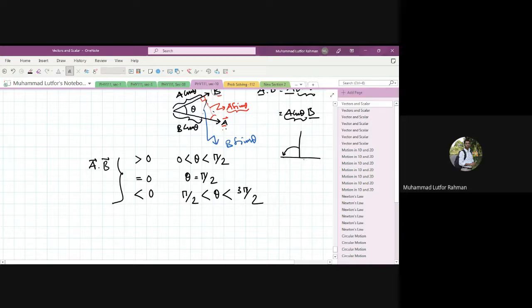I'm talking about the component of this one actually. It doesn't depend on cos theta or sin theta. It depends on the component in which axis actually. Then you will find out. Oh, okay.